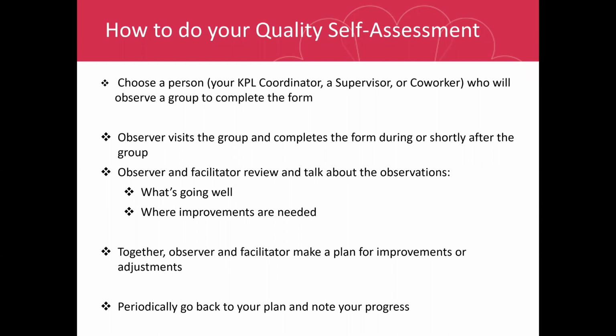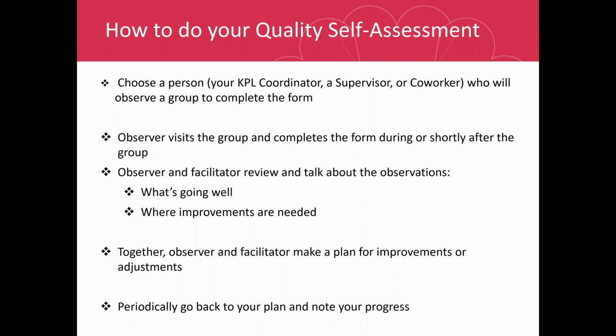So they would come in and observe group time or a time in your group, and then sit down and just kind of talk with you about your group, things that you want to discuss about it, things that might be going really well, or maybe you want to make adjustments on, some improvements. After you sit down together, you kind of make a plan for improvements or adjustments, and then your supervisor would check in with you to see how that's going.